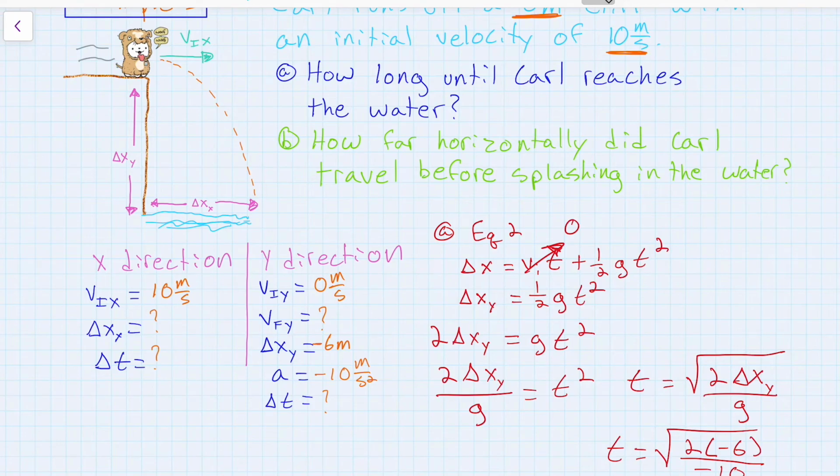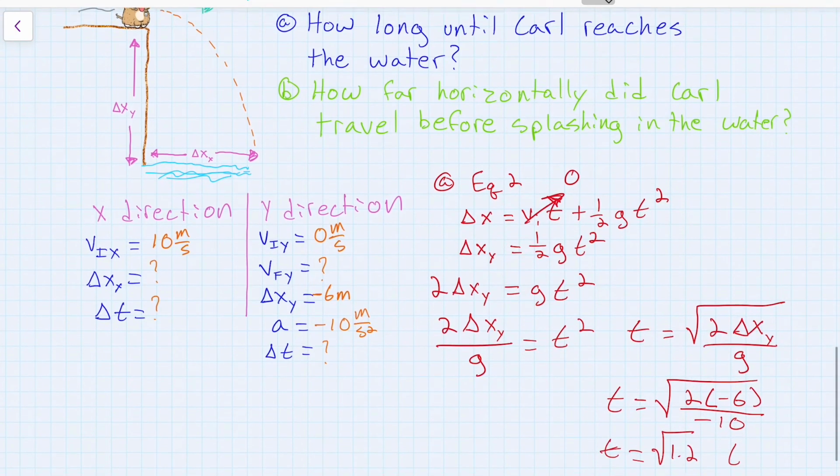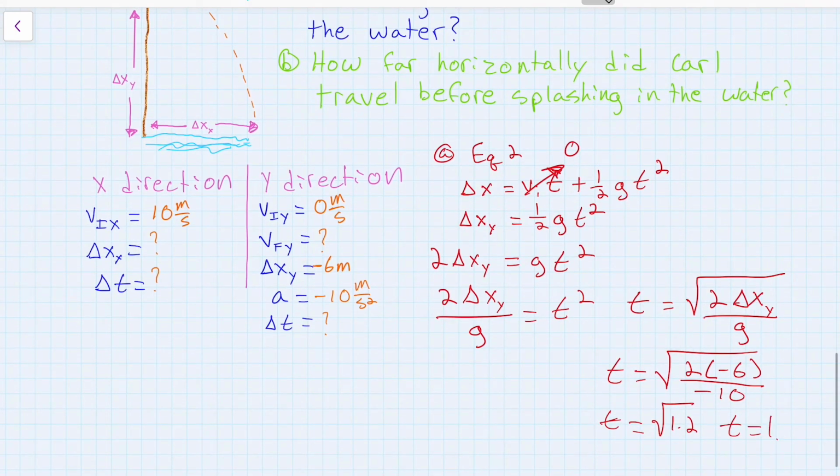So we get time of square root of 1.2. So let's plug that into the calculator. And we get the time it takes for Carl to hit the water is equal to 1.1 seconds.